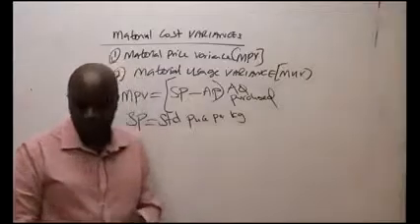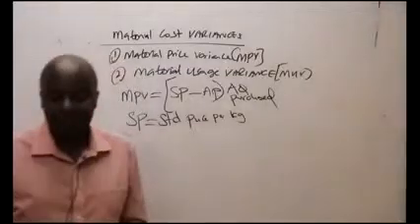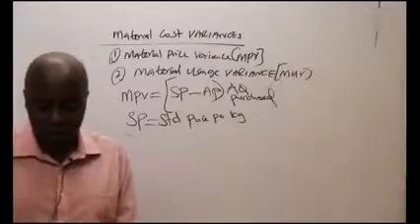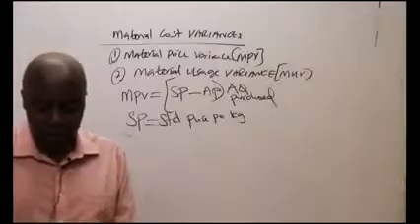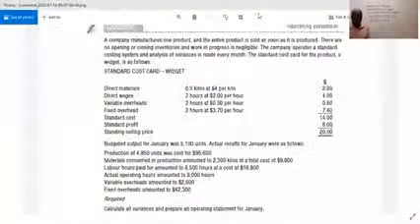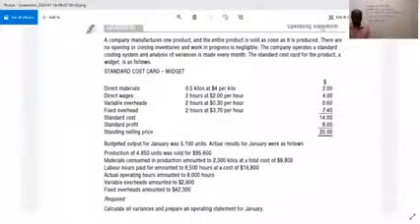So if you look at the question that is pinned there, ladies and gentlemen, you will be able to see from the standard cost card of producing a widget up there.